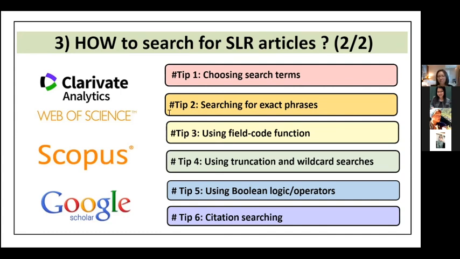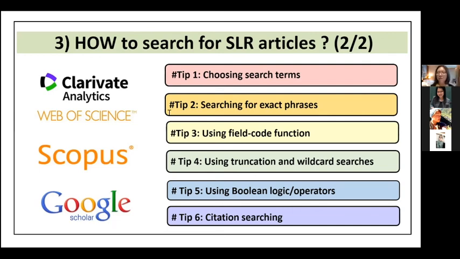Sometimes we also get results from documents published as book chapters or in books. So it is not advisable to use Google Scholar to search for your SLR paper, but it can be a supporting database. Do not use Google Scholar as the leading database, but you can use it as a supporting database.